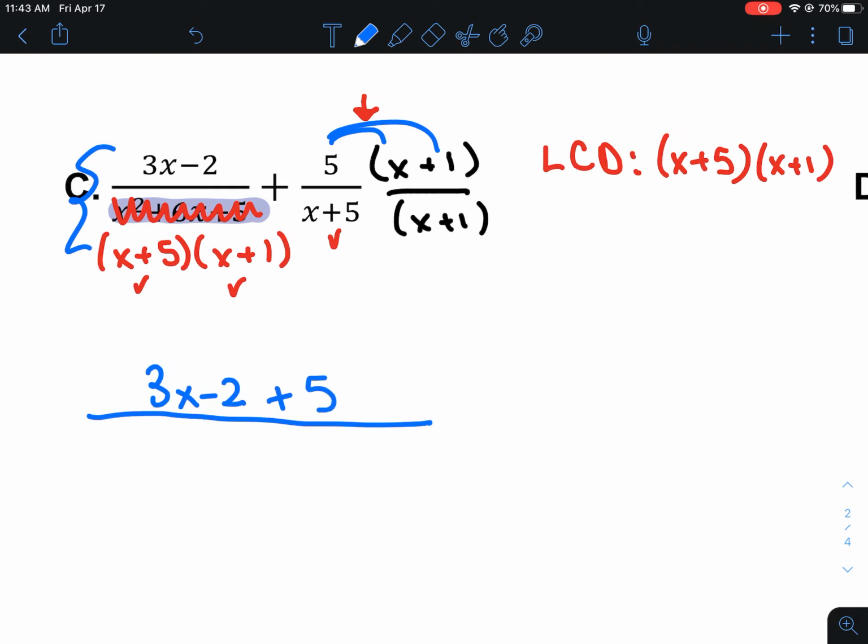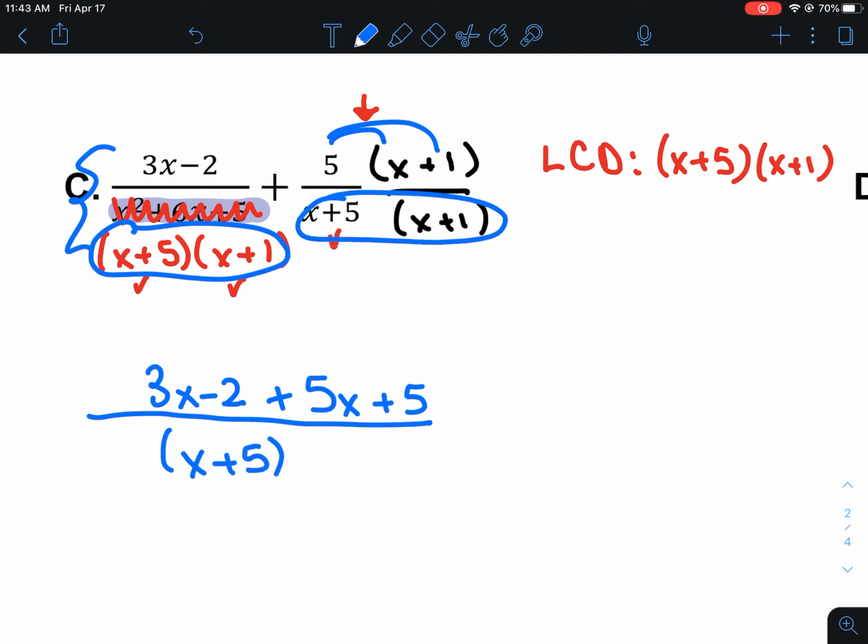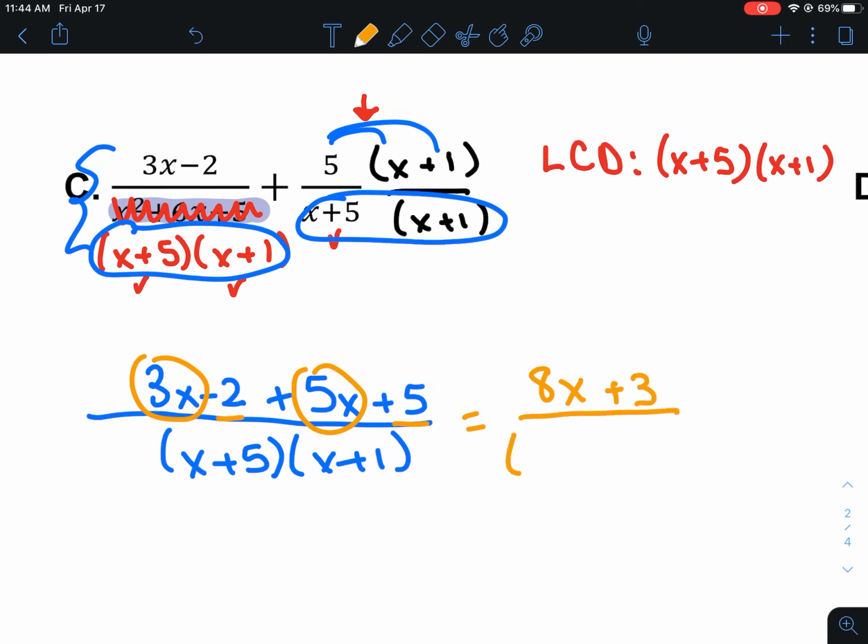But here I do need to distribute that 5 to both pieces, and this is my denominator. That LCD, x plus 5, x plus 1, is my denominator. My last step now would be to add any like terms I have on the top. I have 3x and 5x is 8x. Negative 2 plus 5 is 3.